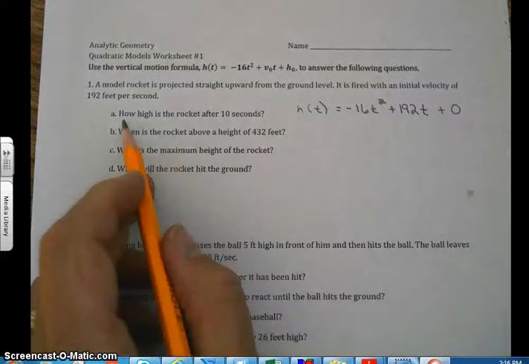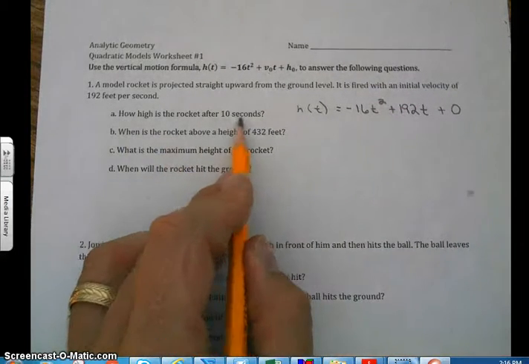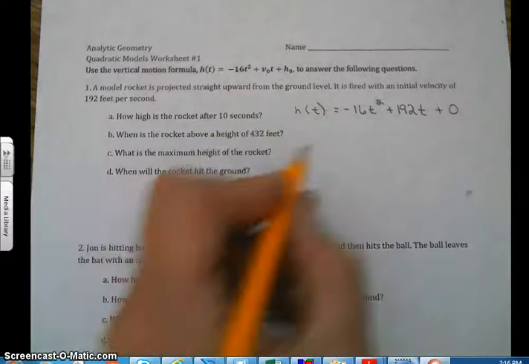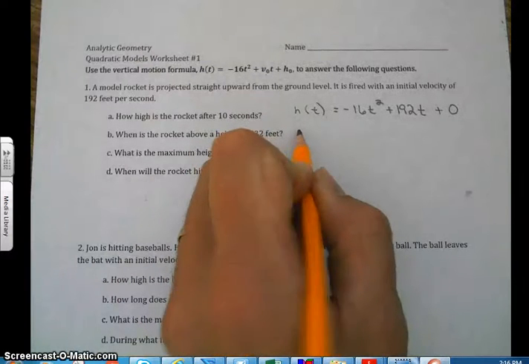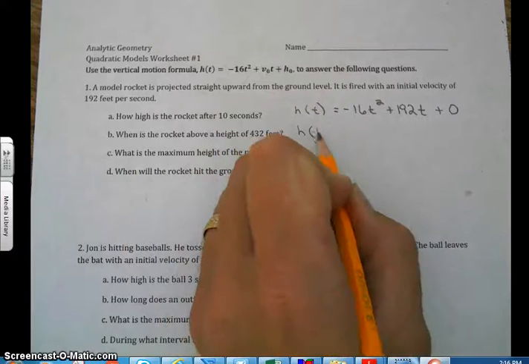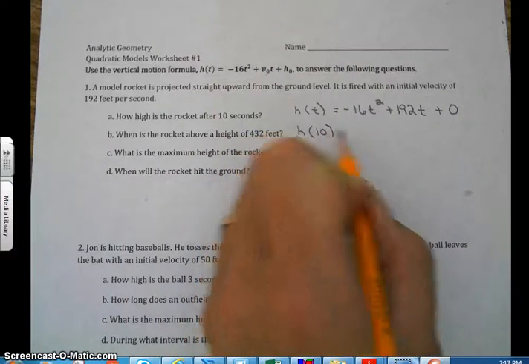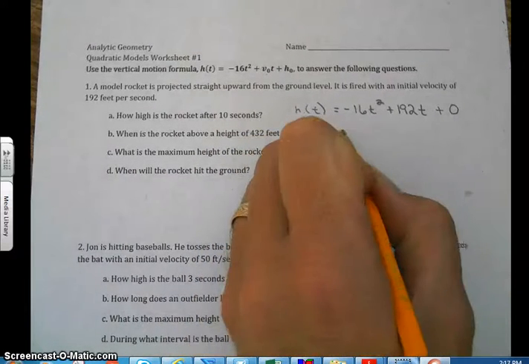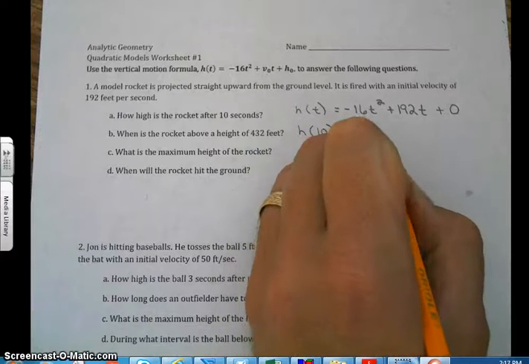It says, how high is the rocket after 10 seconds? So it's pretty easy at this point. We want to know the height after time t is 10. So we're plugging in 10 for t.